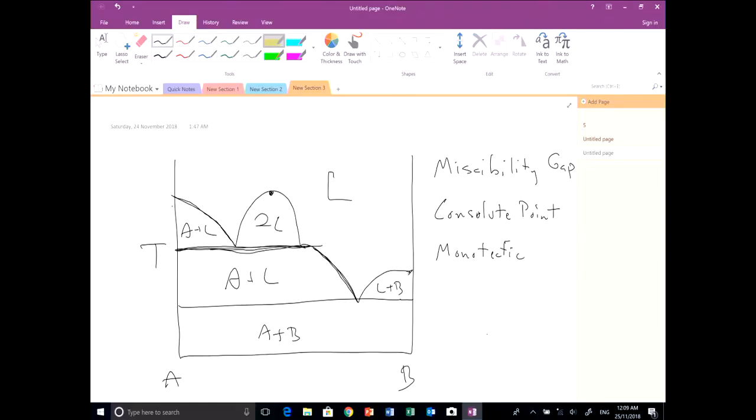Same thing here. We do not have a monotectic point, even though I'm on a liquidus surface, because I've got two liquids, and so at the bottom of that dome is not one temperature, not one composition. So it's a monotectic temperature. So we don't refer to a monotectic point. We don't have that. Okay, so this is known as a miscibility gap. It's just two immiscible liquids.